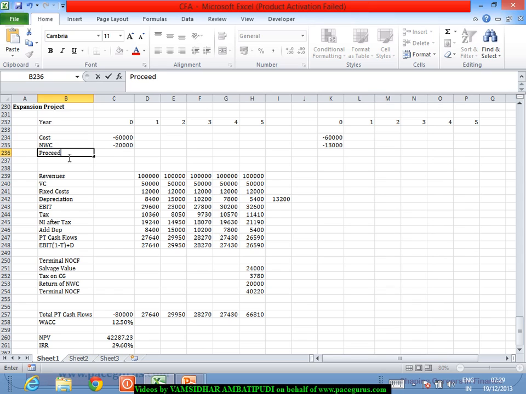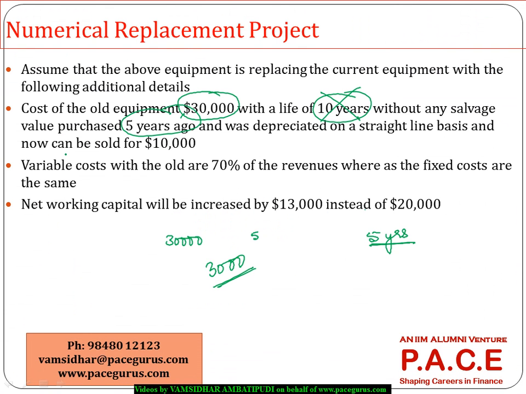which are more like proceeds from sale of old, because I have sold the old asset. How much am I going to get there? The salvage, currently it can be sold for 10,000 bucks.